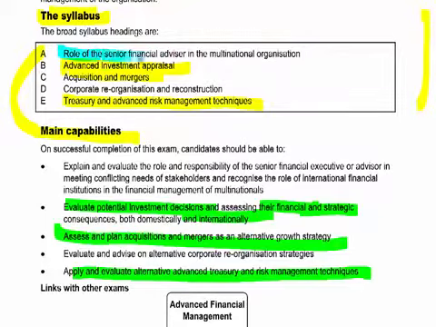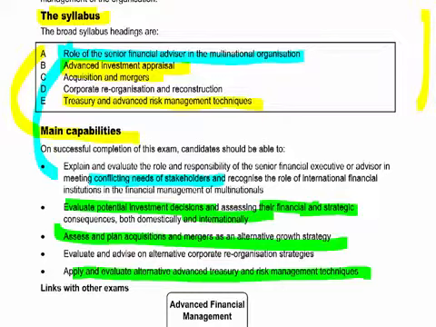First of all, Syllabus Section A. This is looking at the role of the senior financial advisor, and if we look at the detail, analysing financial decisions, but not only thinking about shareholders, also thinking about the impact of financial decisions on other stakeholders, and being aware of international financial institutions.